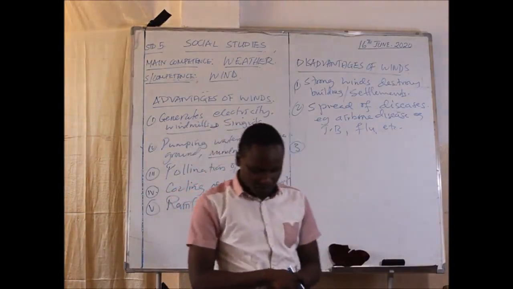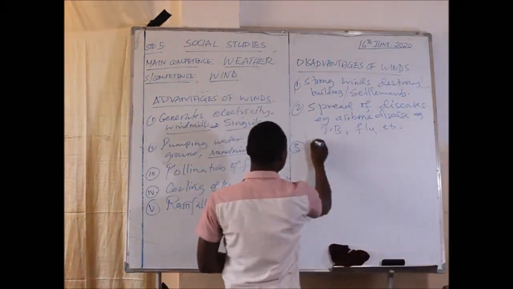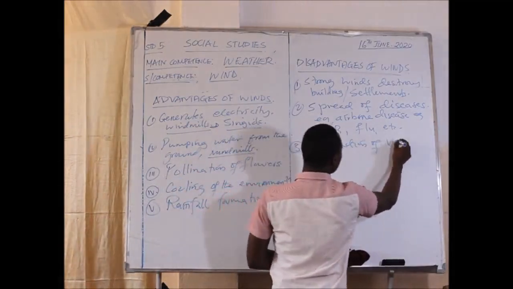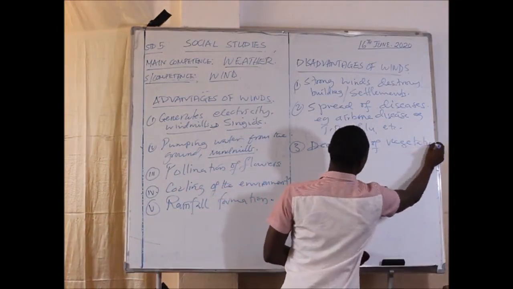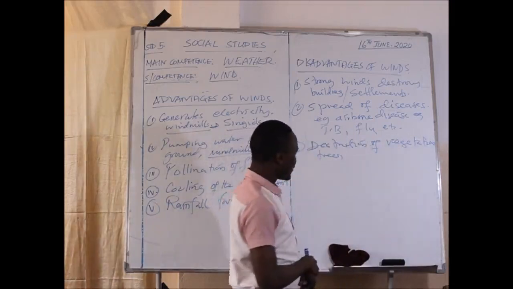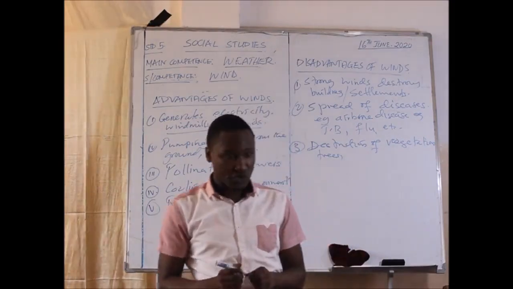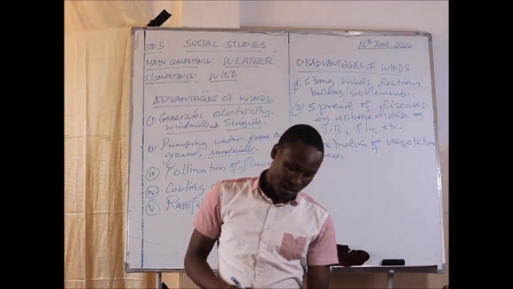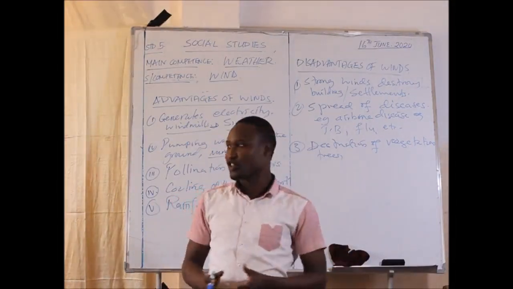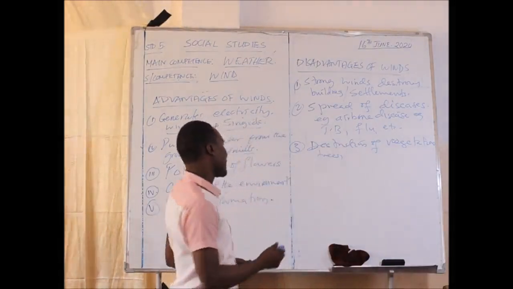Another one is destruction of vegetation. Wind destroys vegetation, trees, and other vegetation on the earth's surface. When the winds are blowing, they uproot vegetation or trees and cause disturbance on the earth's surface.